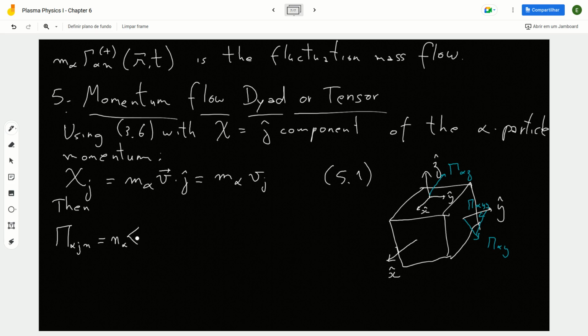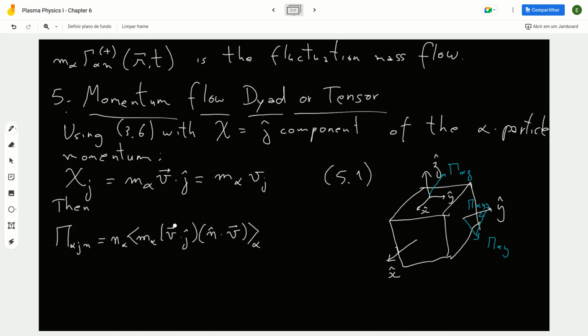So the expression goes like this: v dot j. j will be either x, y, or z. So here I'm just using generic j. And then the normal v. So this will be the normal direction, and j will be these small components into which I am decomposing the vector.